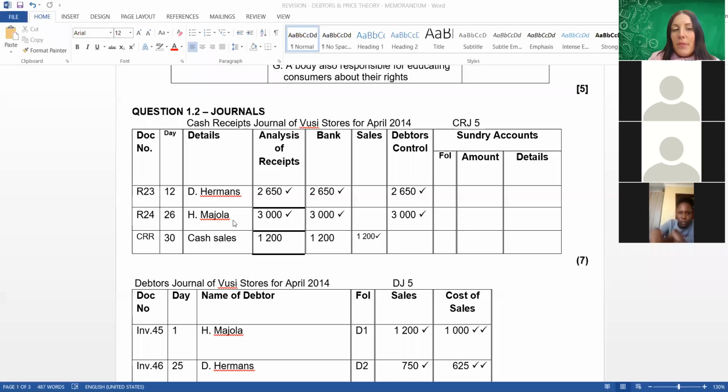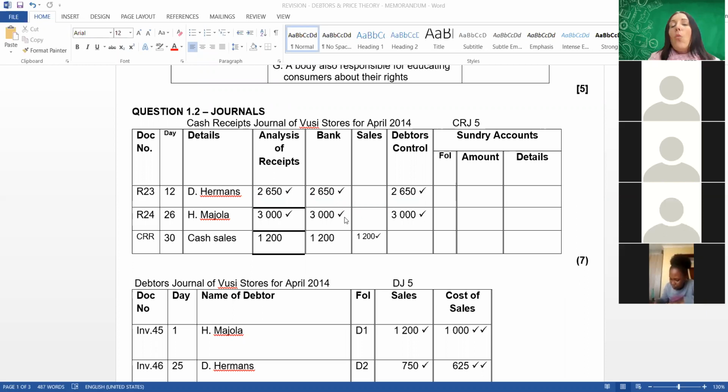We received the money from H. Majola. They gave us the amount, 3,000 Rand. So we put it in our till. Check, is there another transaction on that day? No. So then we draw a line and take the money to the bank, 3,000 Rand. Then we ask ourselves, why did we get this money? Because the debtor paid his debt. So we put it in the debtors control column.